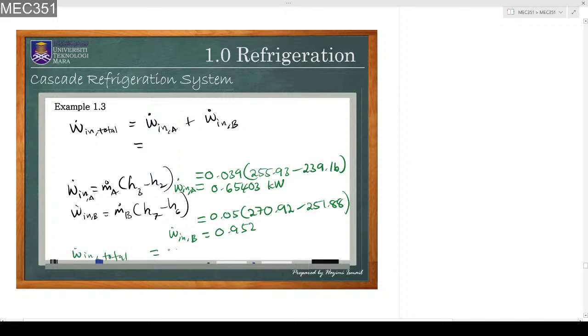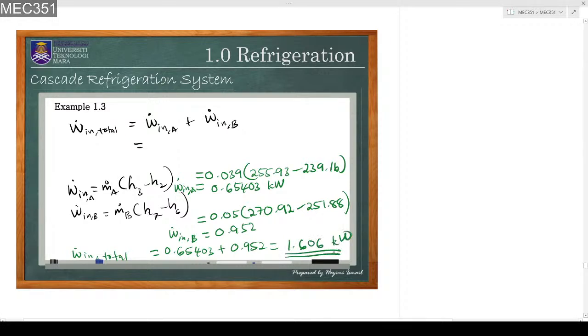So the total of work in is 0.65403 plus 0.952 equal to 1.606 kilowatt.